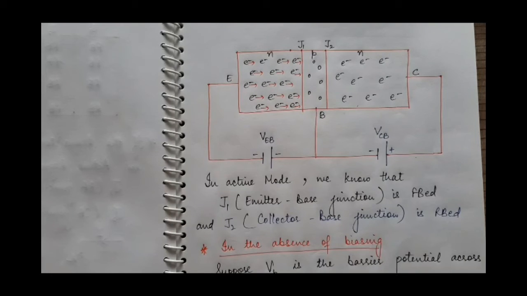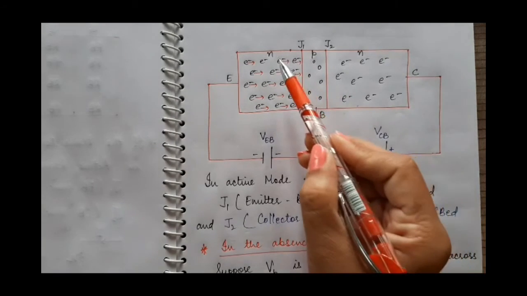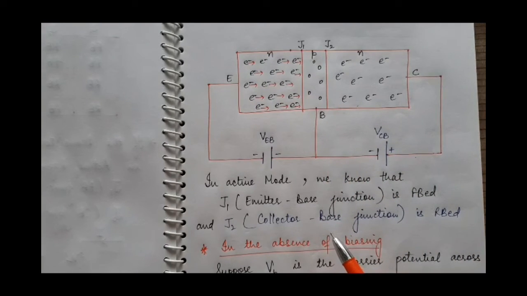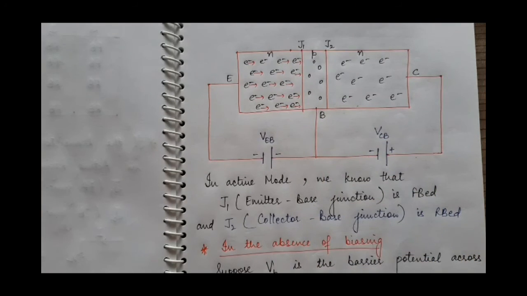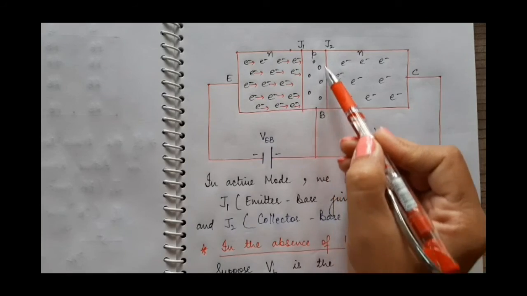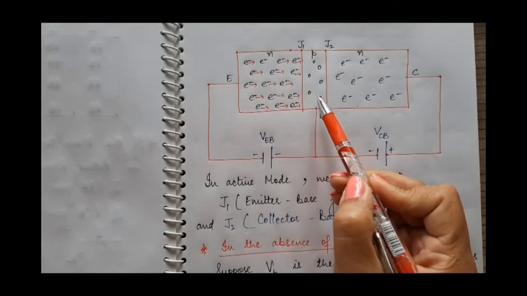But this base is lightly doped, and the number of electrons entering from the emitter to the base is very large. The number of holes here is small as compared to the number of electrons. So only a few electrons will recombine with holes here. Why? Because this base region is very thin and lightly doped.